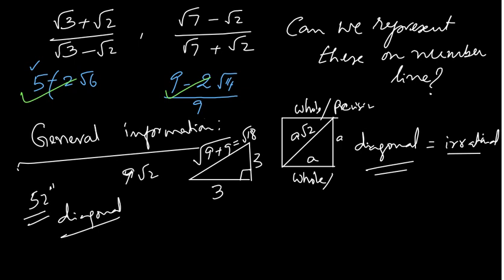So definitely if it is a square, you cannot have a perfect measurement.